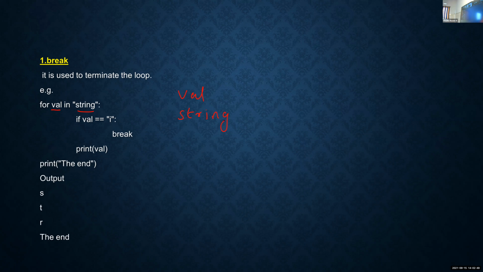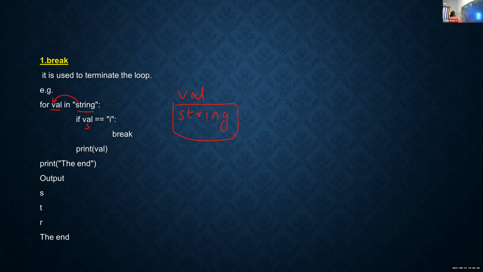Alan? Ma'am, I have a doubt. In the statement for val in string, string is the content of this val variable. Then what is the first value of val? Yes, correct, Alan. The first value is S.